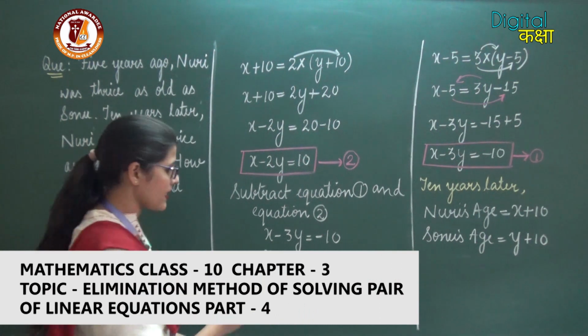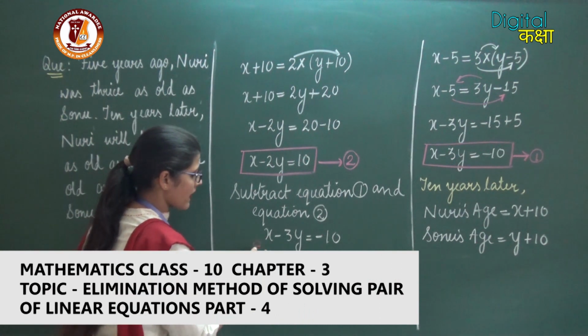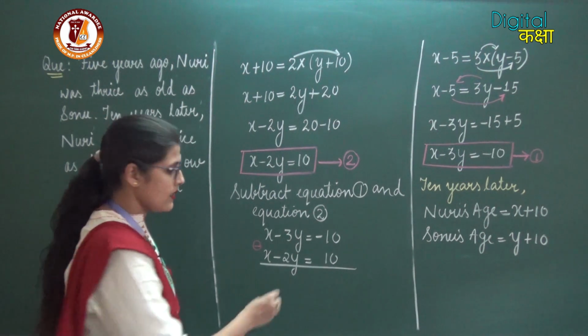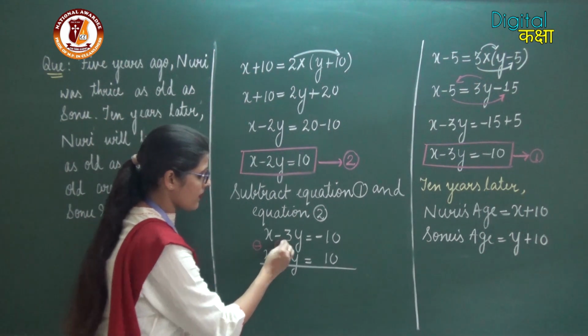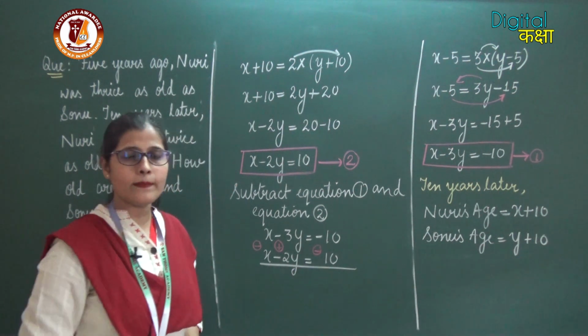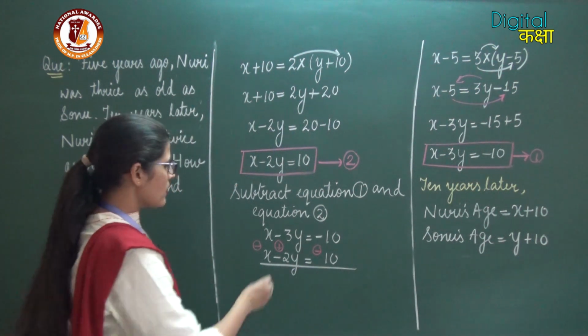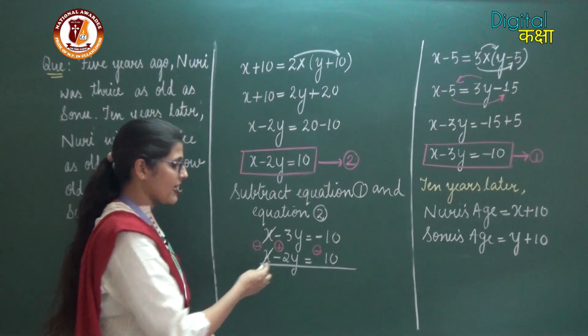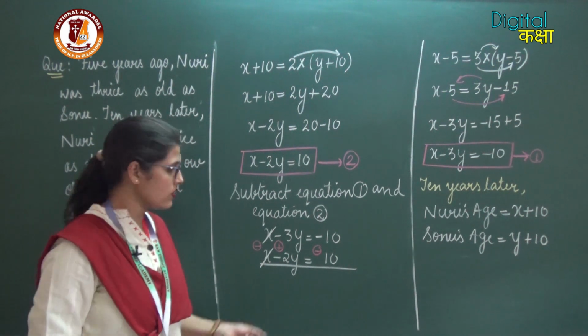We will be changing the sign. This positive x will become minus x, minus 2y will become plus 2y, and plus 10 will become minus 10. Positive and negative x will be cancelled out.